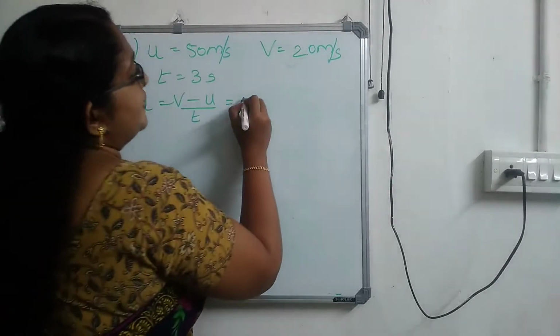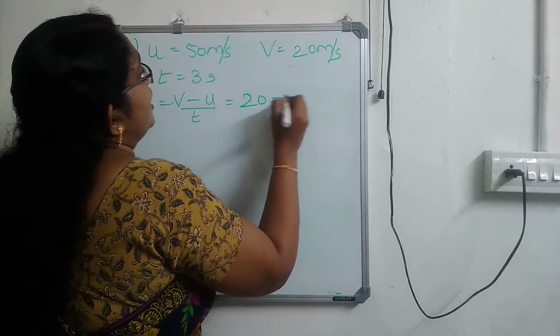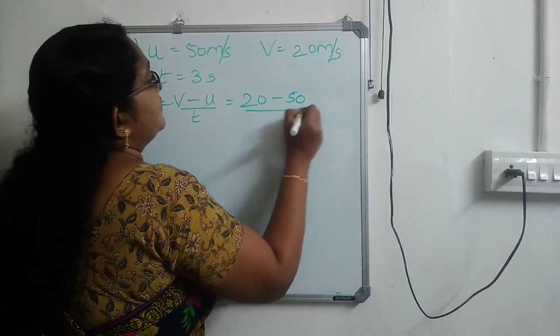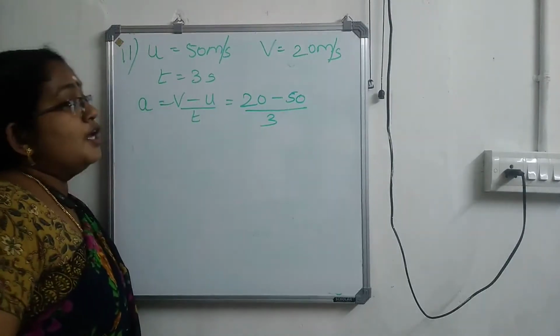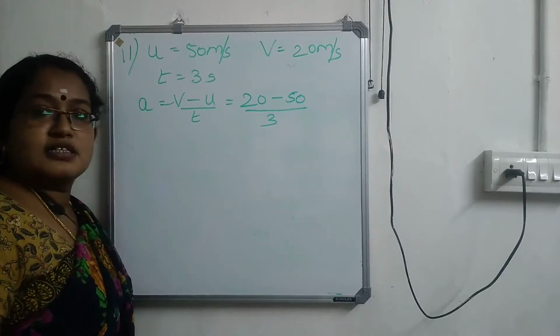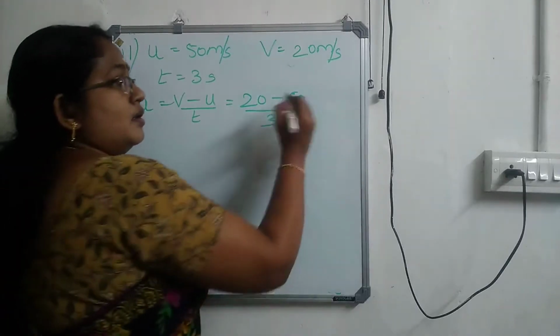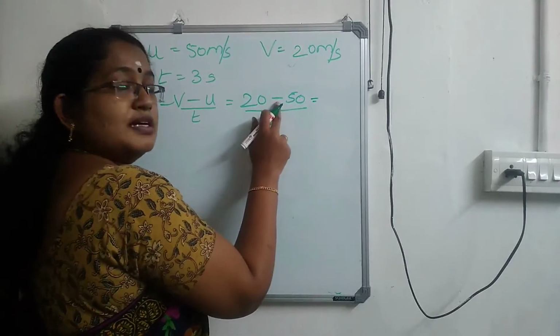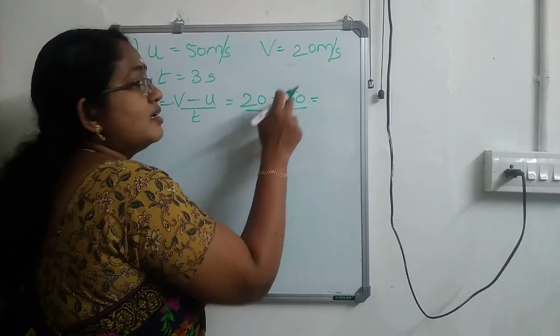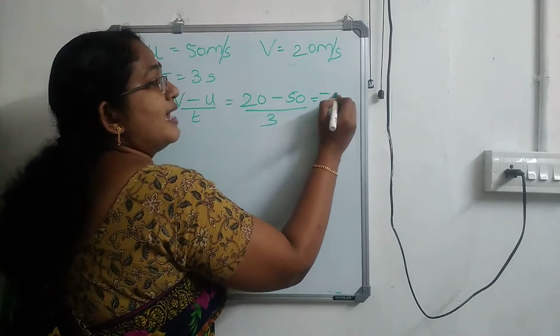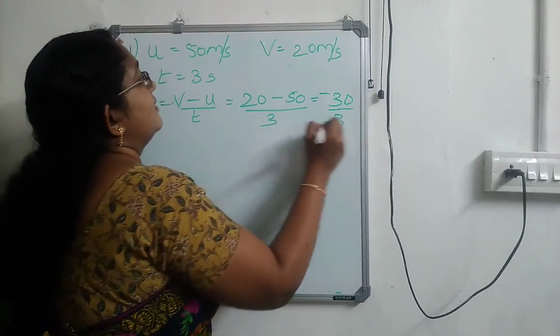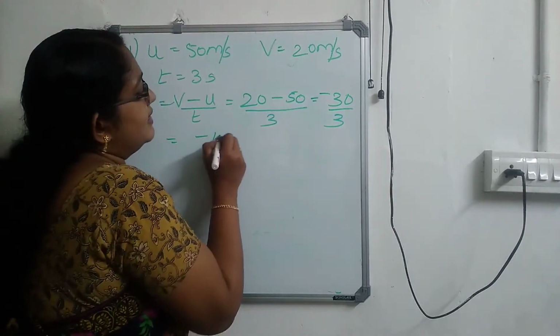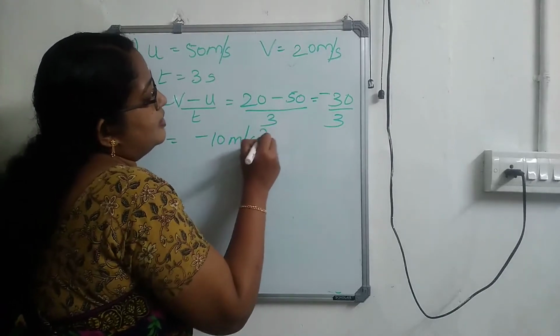So, how much is v? 20. U is 50 by 3. Now, how much is 20 minus 50? 50 minus 20 is 30, and since negative sign is there for the bigger value, our answer is minus 30 by 3, which is equal to minus 10 meter per second square.